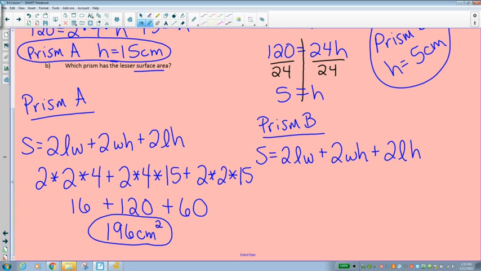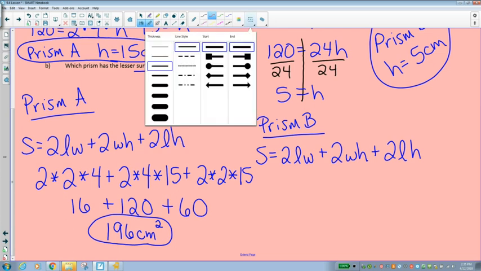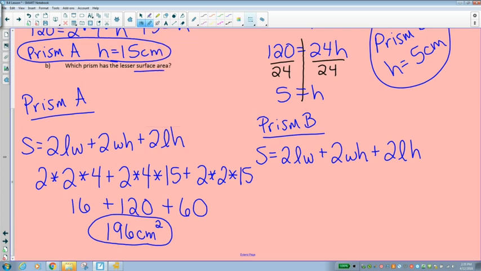Now we have to go to prism B so that we can compare it. So I'm going to pick a different color here. 2 times the length of prism B was 4, times the width, which was 6, plus 2 times the width, which was 6, times the height we found to be 5, plus 2 times the length, which is 4, times the height, which we found to be 5.